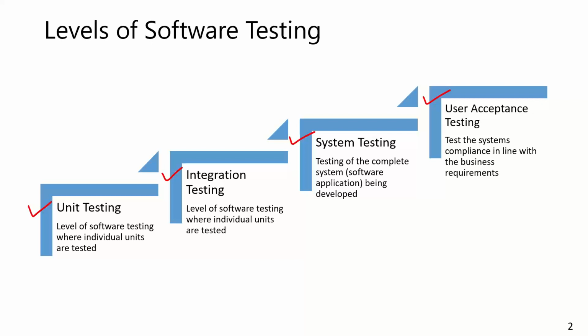The end user, which in most cases would be the company who gives the project to another company, the business users, the functional users, would test the application to ensure that the entire system is in line with the business requirements. So these are various levels of testing.